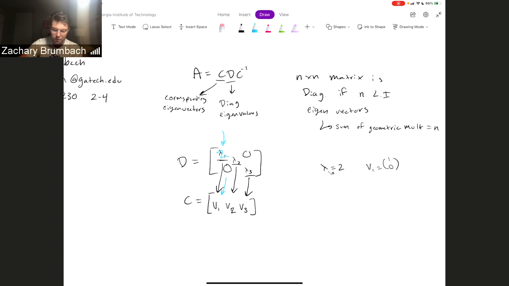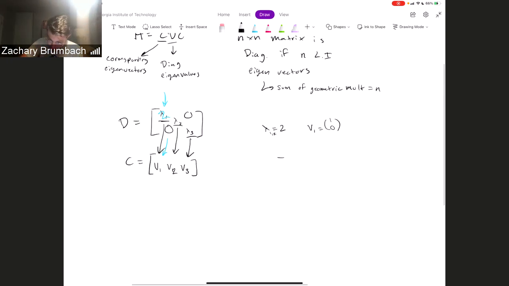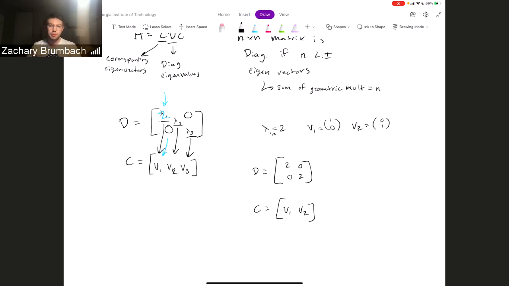I know the writing over there isn't very clear, so I'll write that over here as well. In this case we have something that looks like this for our D, and for our C we would have our V1, but we don't have a V2, so nothing can go there. So it's not diagonalizable. That's the whole idea. If we had a V2 equals 0, 1, then sure, that would replace that, and it would become diagonalizable.